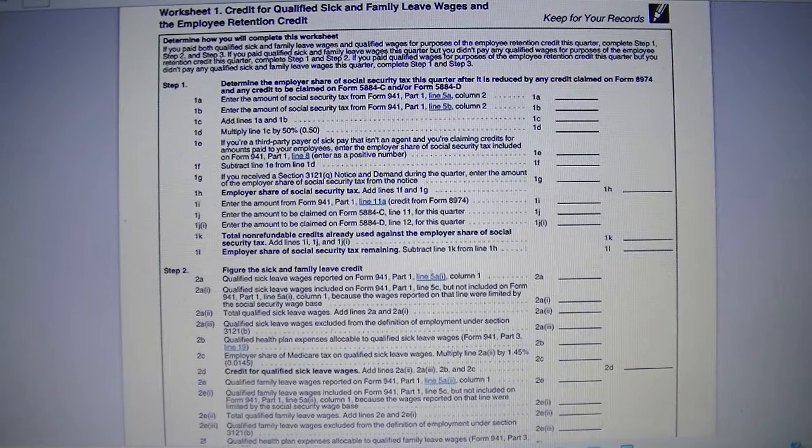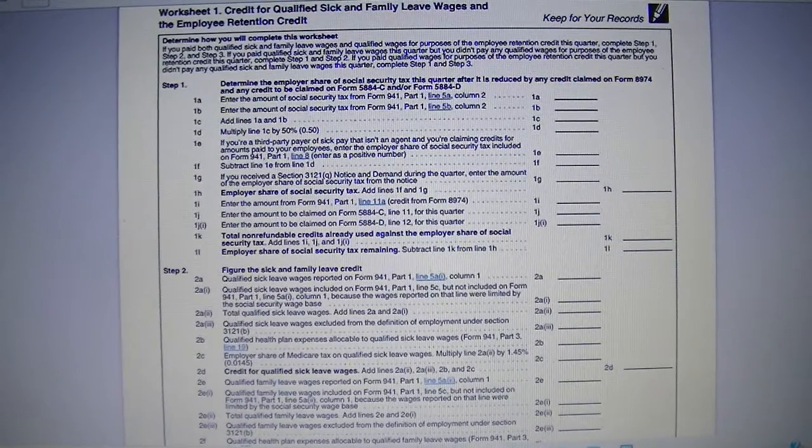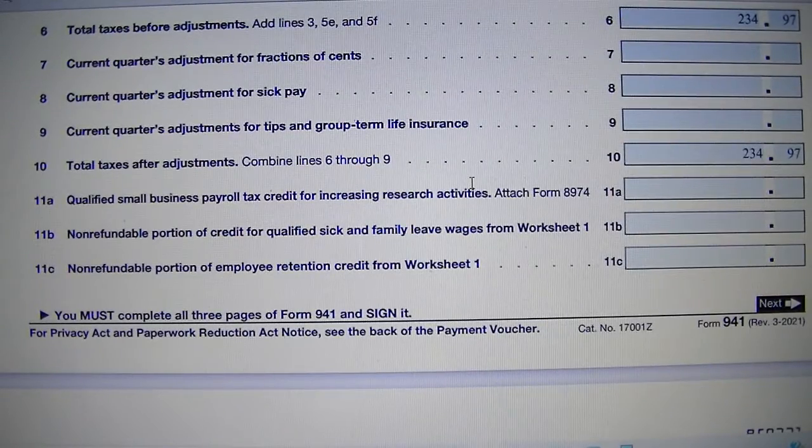There might be a time frame as well for when that applies, so you might want to read more about it and complete it if you are qualified. The non-refundable portion for the sick leave and family leave wages from that worksheet will go on line 11B, and 11C, non-refundable portion of employee retention credit from that worksheet, will go on line 11C.